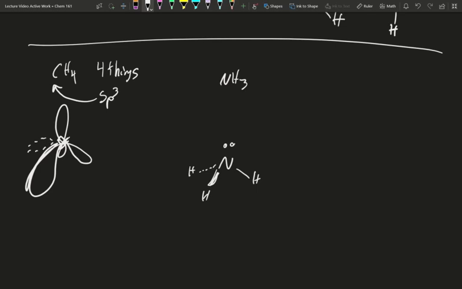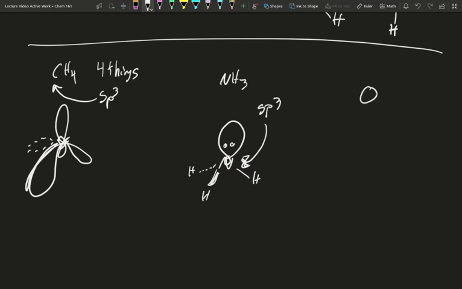That's still 4 things. Lone pairs occupy hybrid orbitals. To balance all the other things around our atom, we still need to balance the orbitals. Those lone pairs take up a hybrid orbital. And so this is still sp3 hybridized. The nitrogen is an sp3. It is only multiple bonds that are going to cause our hybridization to undo.